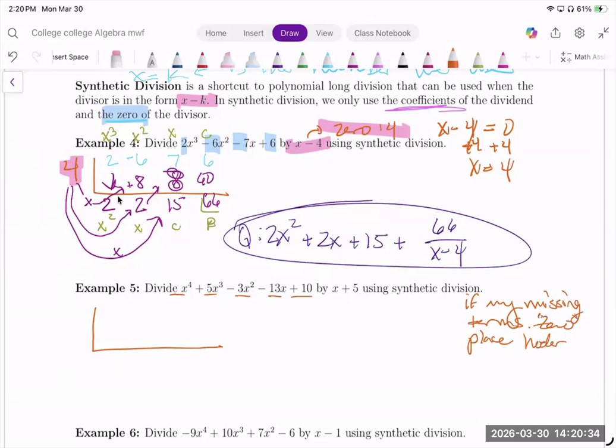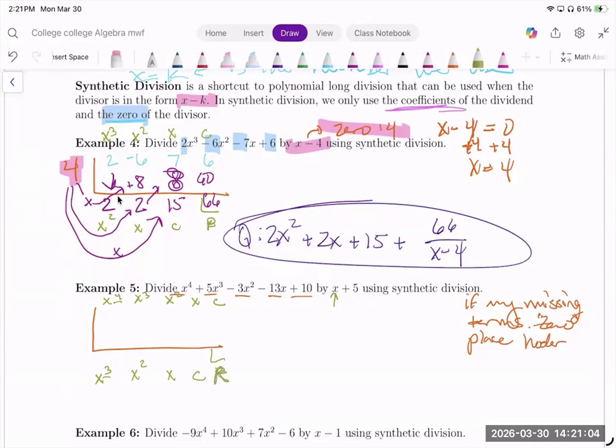And I mean, literally, you put a 0 in, because we need every slot filled. We need the fourth, the cubed, the squared, the x, and the constant. Then below, because we're just dividing by x, we are basically subtracting an x from every term. So that's why we go from a fourth to a cubic, and then you just go down by 1.